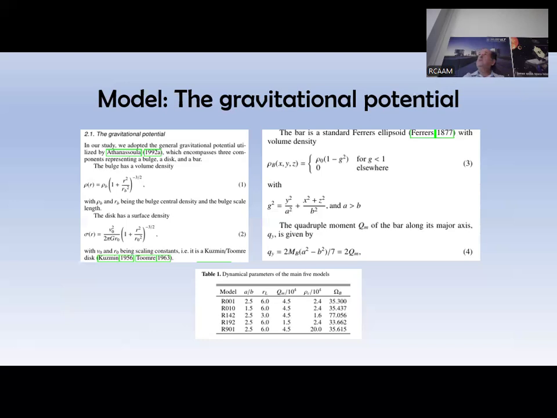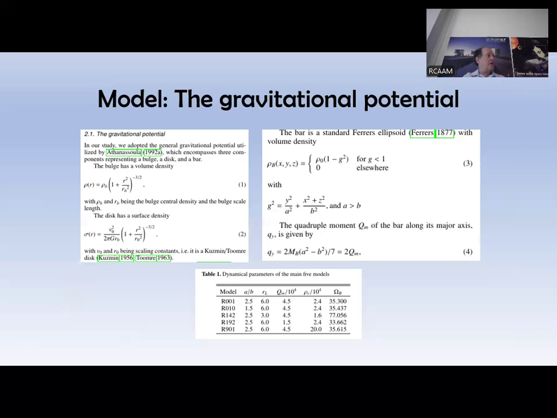You see the description on the right part of the transparency over there, and on the left side you see the axisymmetric components on top of which the bar is placed. In the table at the bottom of the figure, we see the main parameters that we varied to study the response of the gas in such a case.